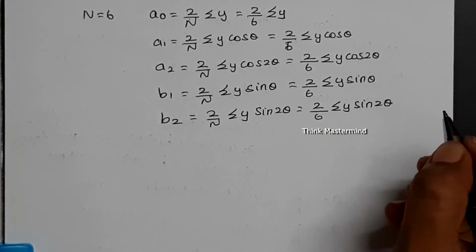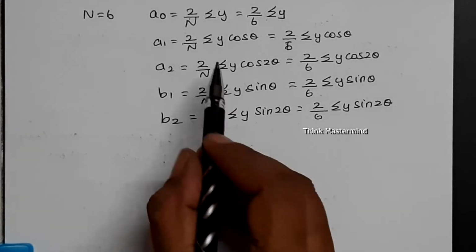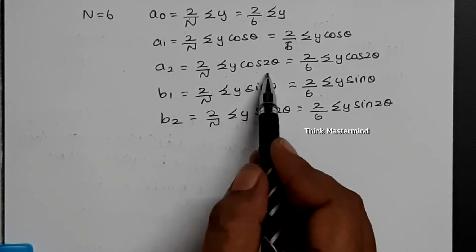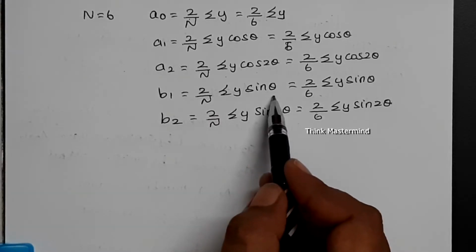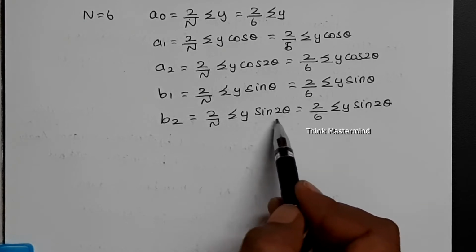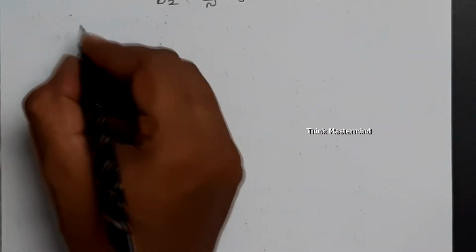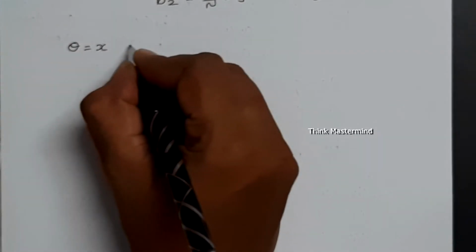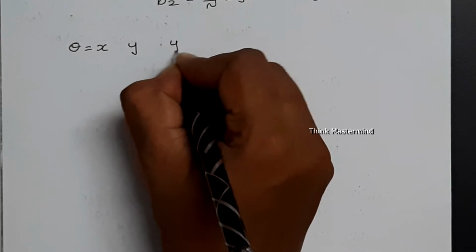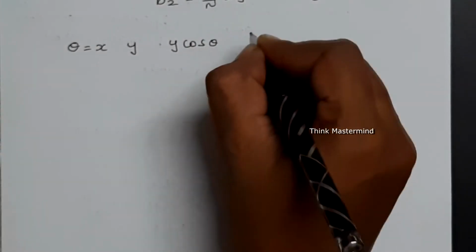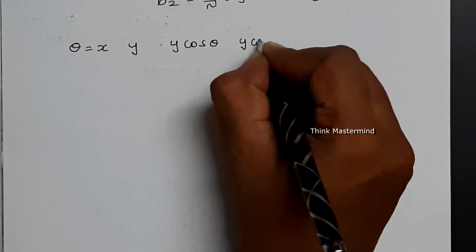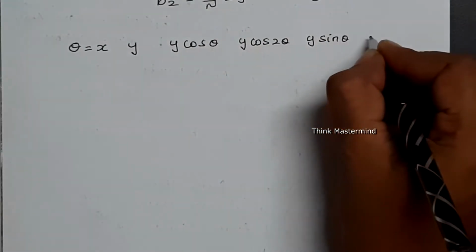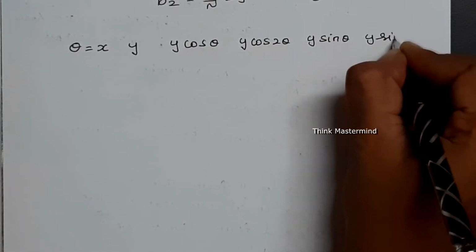From the given numerical values, now we are going to find summation y, summation y cos theta, summation y cos 2 theta, summation y sin theta and summation y sin 2 theta. Now forming the table. First, theta value is nothing but your x value. Next the given y value, then y cos theta, y cos 2 theta, y sin theta and y sin 2 theta.